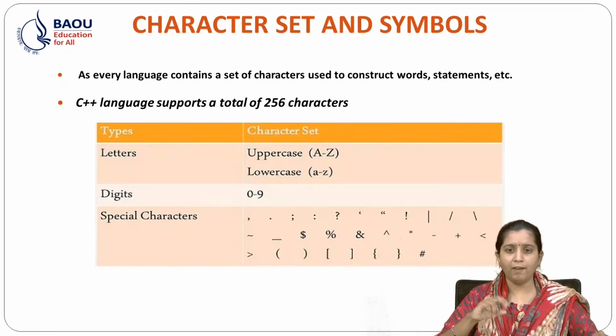In letters, we have two types, uppercase letters and lowercase letters. In digits, C++ language supports 0 to 9 digits, and special characters, which we have seen in the previous slide.